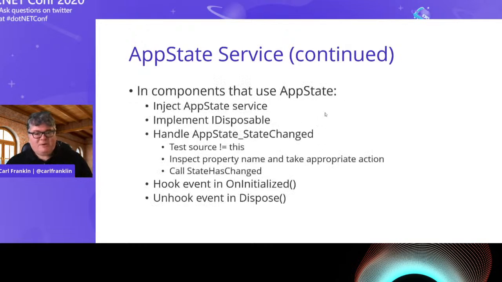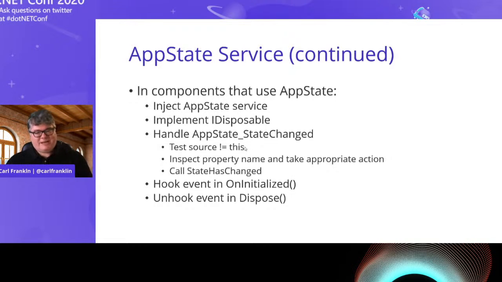So in the components that use the app state, I inject the app state service, I implement IDisposable, I handle the app state state change event, and there's two parameters, a source and a property name. So the source gets set by whoever raises the event. This is my component. And the reason I do this is so that I can check to see if it's not me before I act on it, because I'm handling it and yet I may be raising the event.